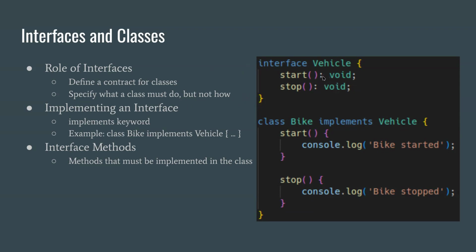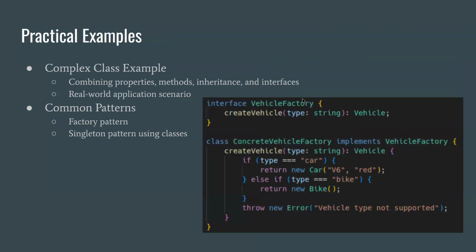For example, here we have the Vehicle interface, and this Vehicle interface requires that any class implementing it must have start and stop methods. And we can see that the Bike class that implements the Vehicle interface implements start and stop. This is particularly useful for ensuring consistency and predictability in the behavior of objects.